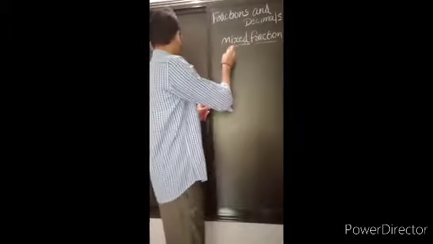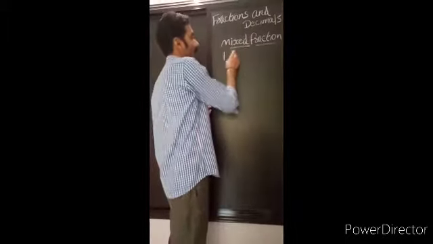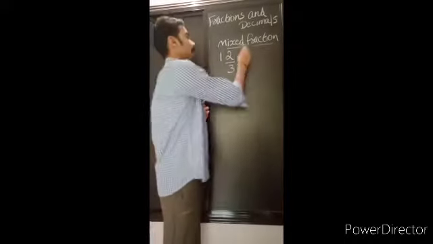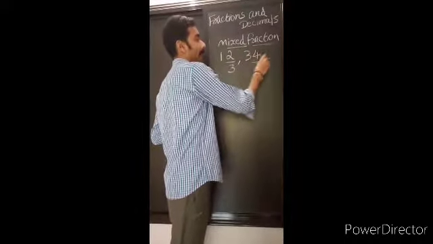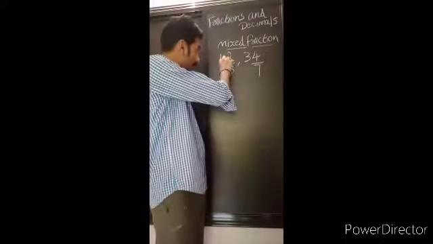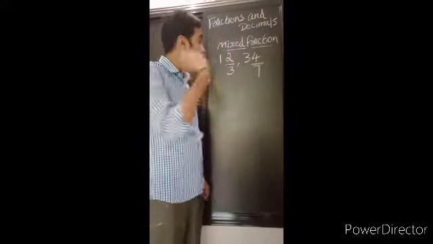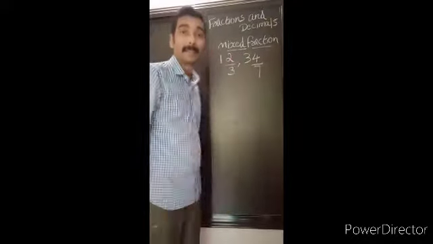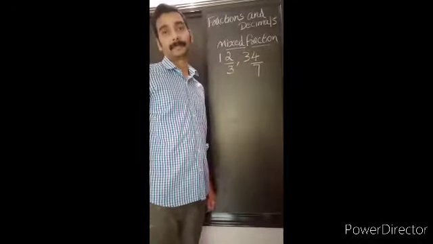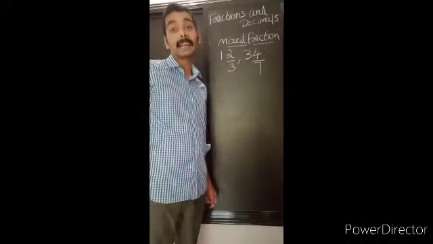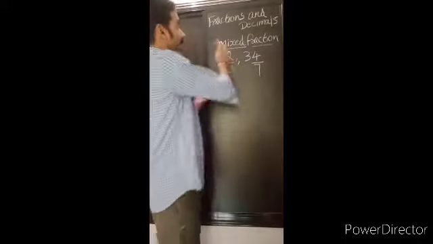That means 1 and 2 by 3, 3 and 4 by 7, like that. An improper fraction can be converted, that means divided, and we get a mixed fraction. These are the examples of mixed fraction.